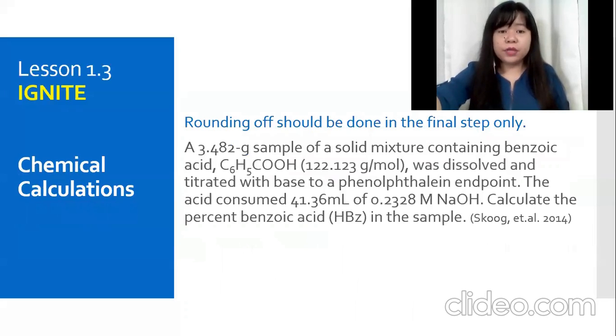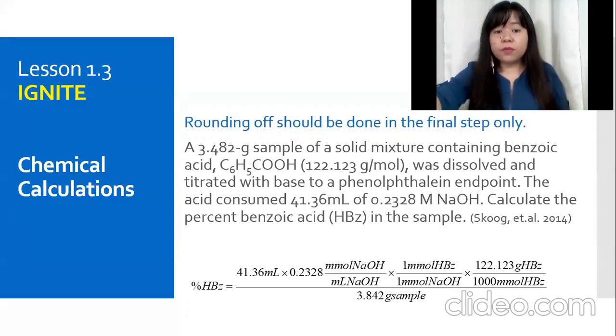For example, a 3.482 gram sample of a solid mixture containing benzoic acid with a molar mass of 122.123 grams per mole was dissolved and titrated with base to a phenolphthalein endpoint. The acid consumed 41.36 milliliters of 0.2328 molar NaOH, or sodium hydroxide. Calculate the percent benzoic acid in the sample.